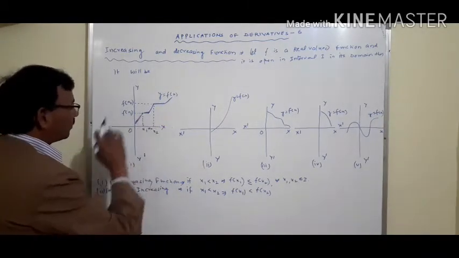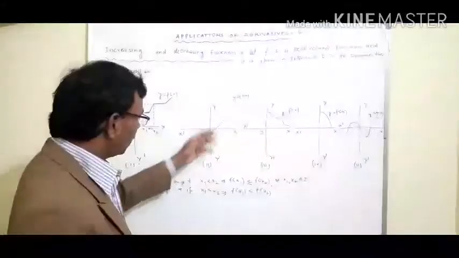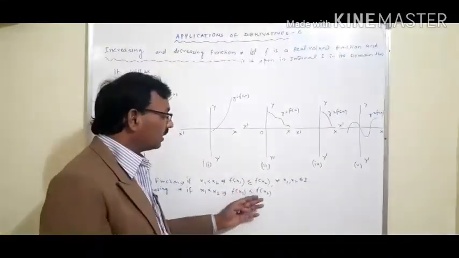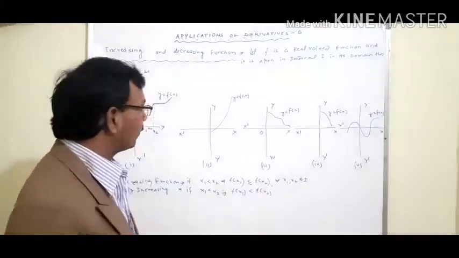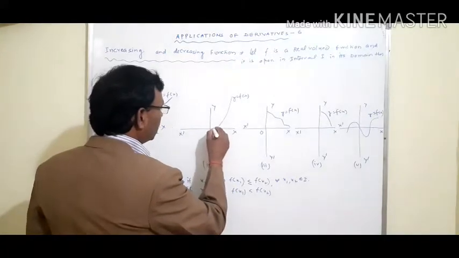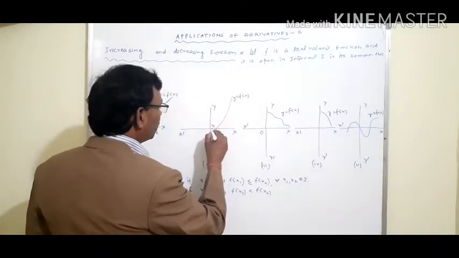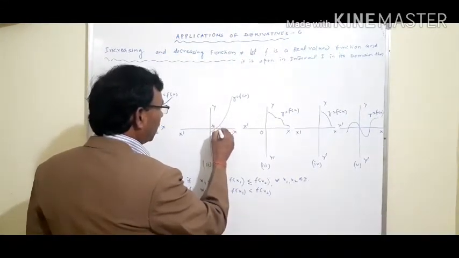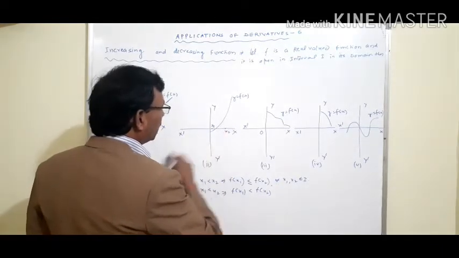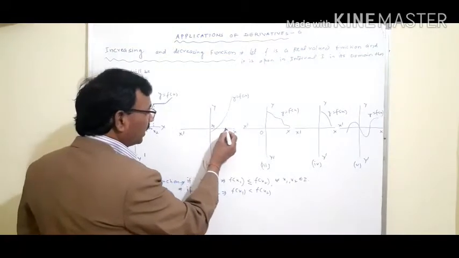But in this function, if x1 is less than x2, then always f of x1 is less than f of x2. That means if we take, suppose this is the x1, this is the x2. As you see here, x1 is less than x2.